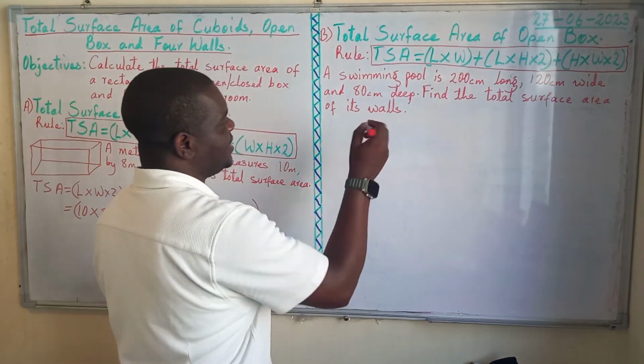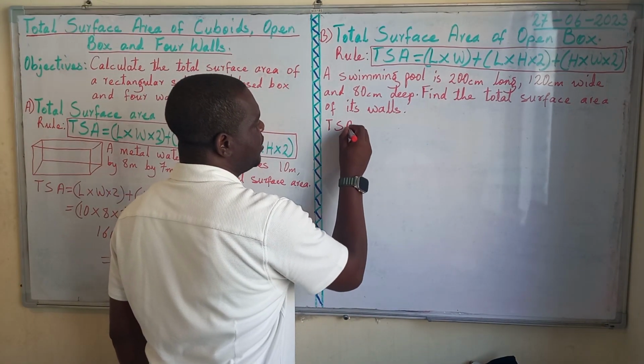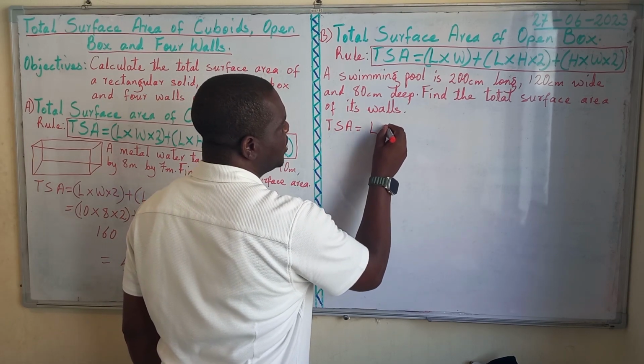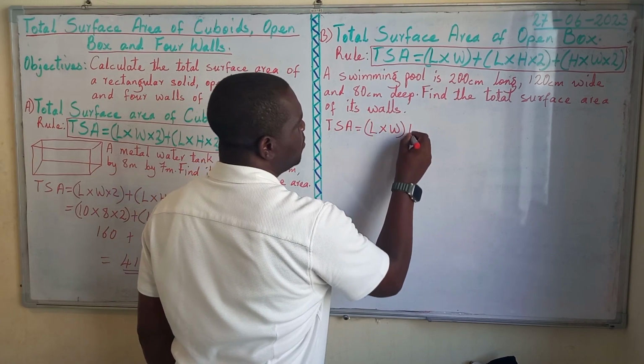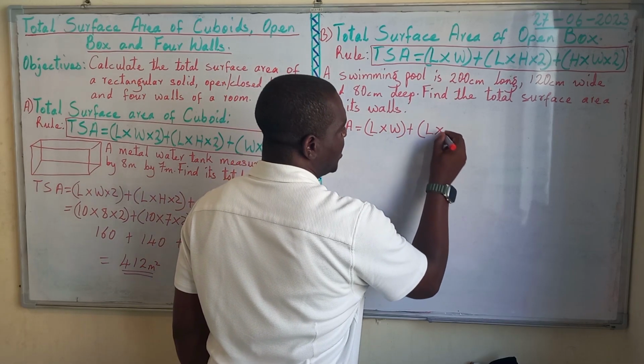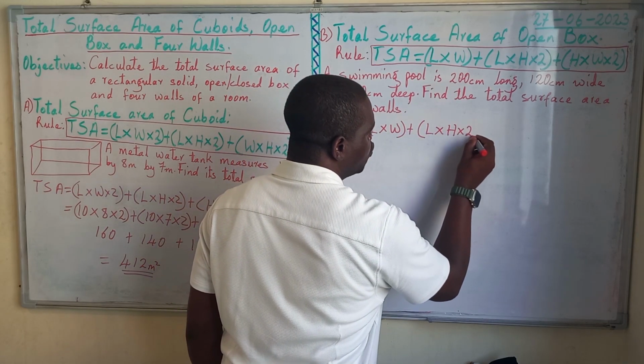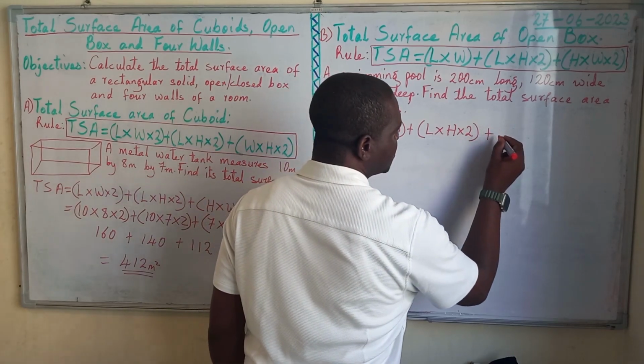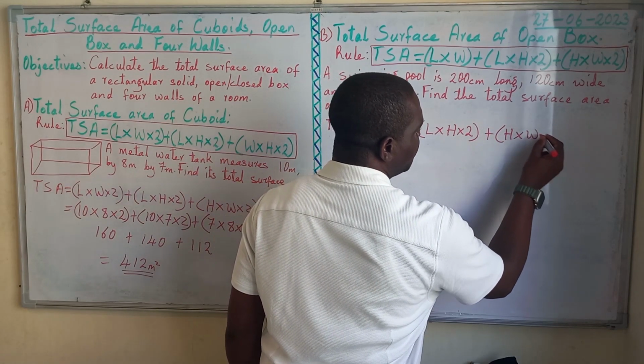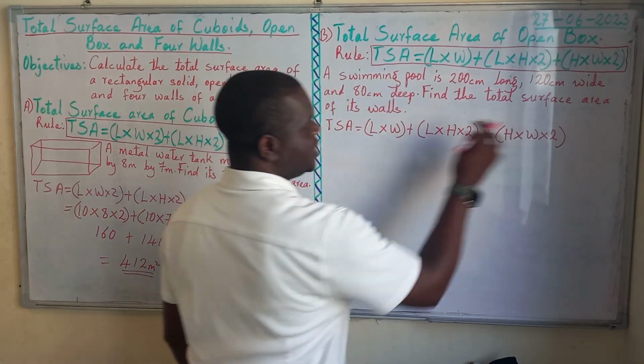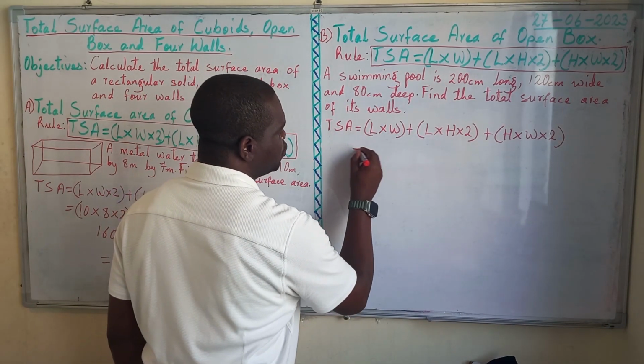First, let's take the rule. Total surface area is equal to length times width only plus length times height times 2 in this case, plus height times width times 2 in this other case. Now let's substitute.